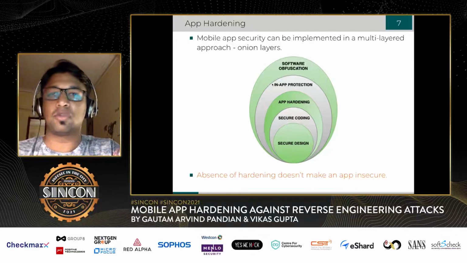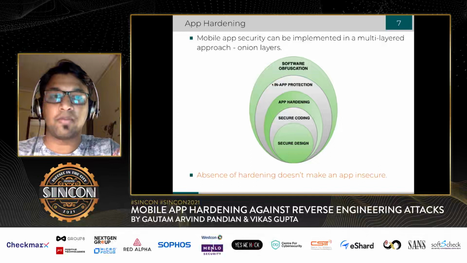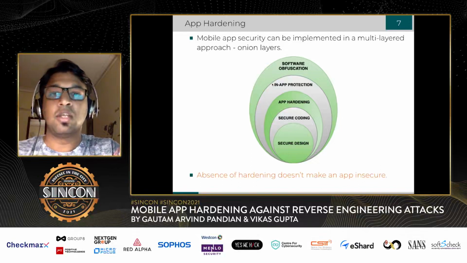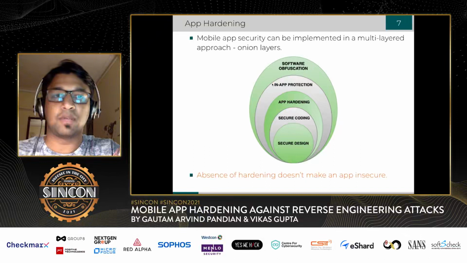Things should be secure by design. Then secure coding, which includes, for example, proper memory management if you're writing code in C or C++. If you're using Java, then serialization and deserialization. Things like that, which are inherent to the language, to ensure that there are no vulnerabilities in the code. So that's what we understand with the concept of secure coding in this diagram.